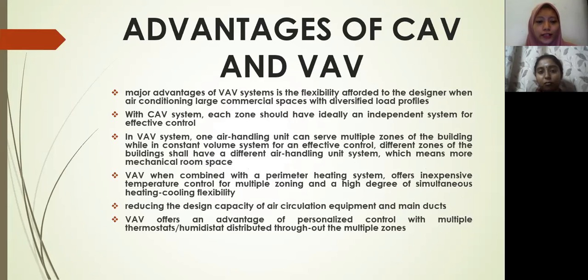In a VAV system, one air handling unit can serve multiple zones of the building, while in a constant volume system, for effective control, different zones of the building shall have a different air handling unit system, which means more mechanical room space. VAV, when combined with a perimeter heating system, offers excellent temperature control for multiple zoning and a high degree of simultaneous heating and cooling flexibility.